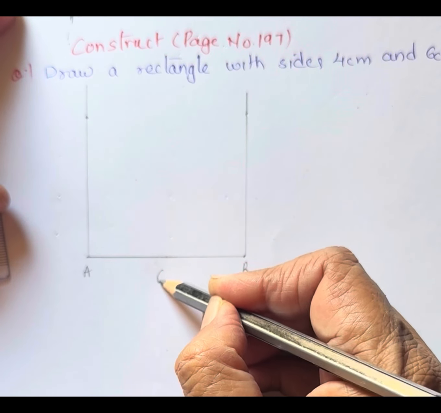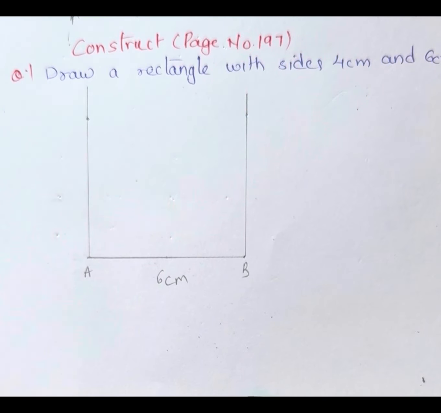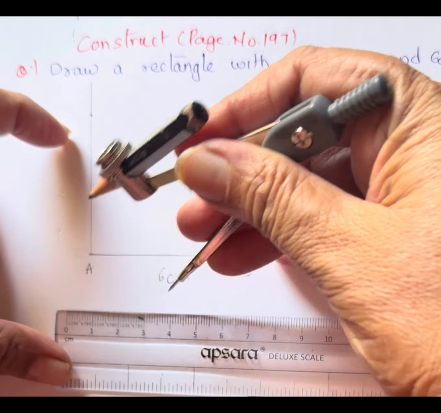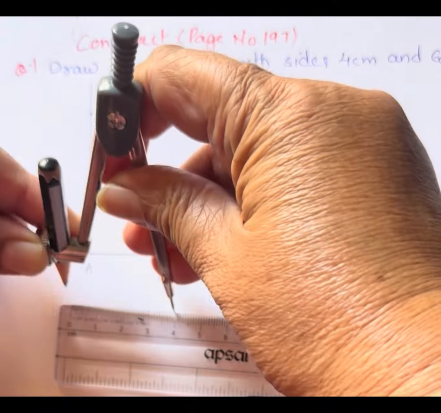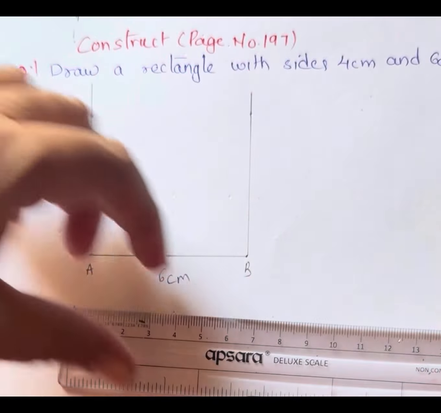Now this we have taken as 6 centimeter, and the other side we want as 4 centimeter. So again, we open the compass and measure 4 centimeter with the scale. So this is 4 centimeter.